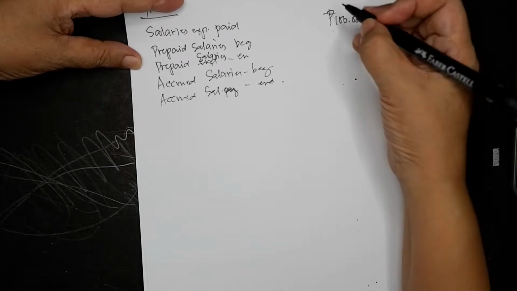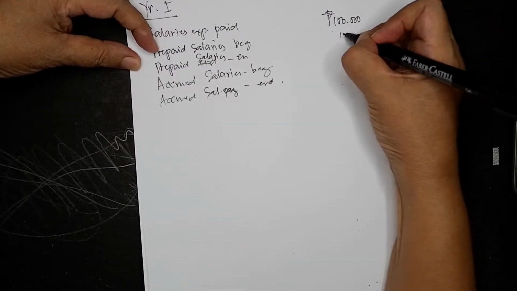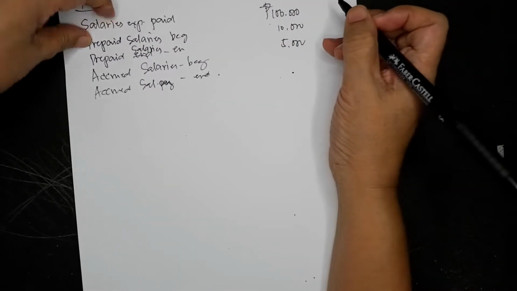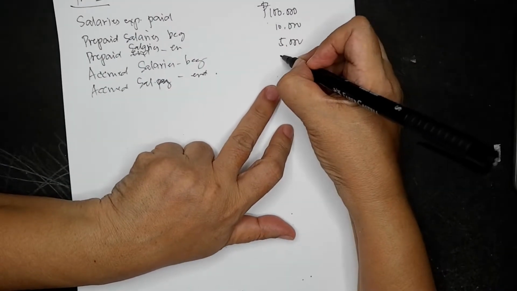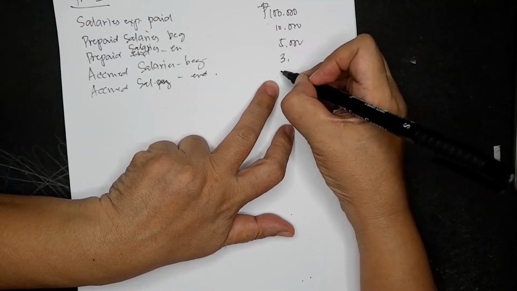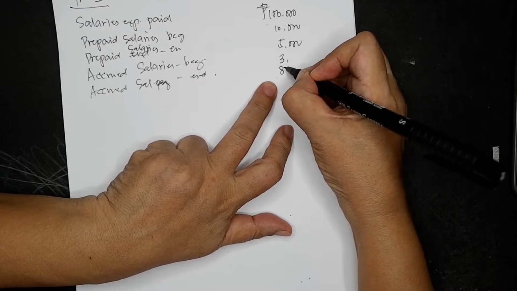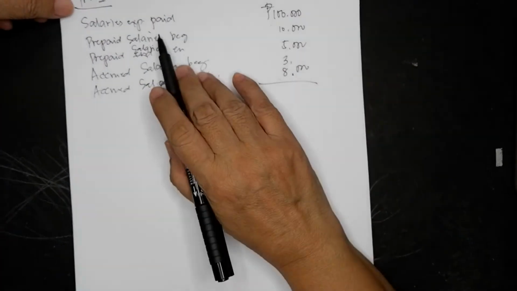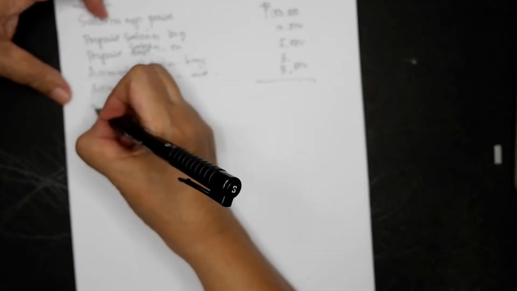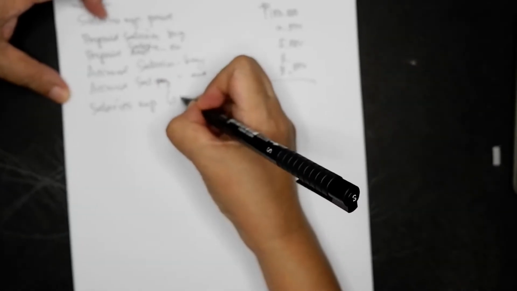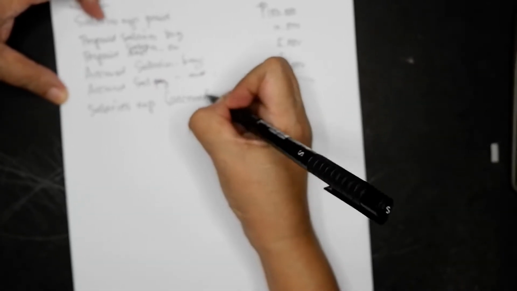Okay. So, say we have 10,000, we have 5,000, we have 3,000, and we have 8,000. Okay. So, and how much will be our salaries expense? Ito yung sa accrual. Ito yung ilalagay natin sa ating income statement.